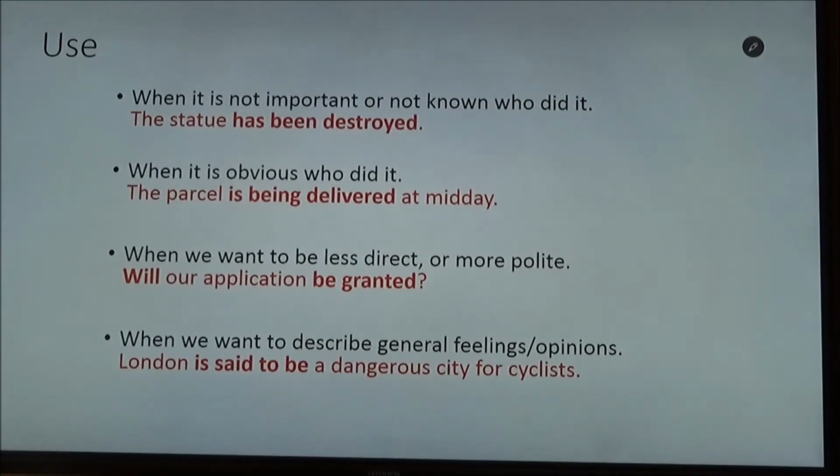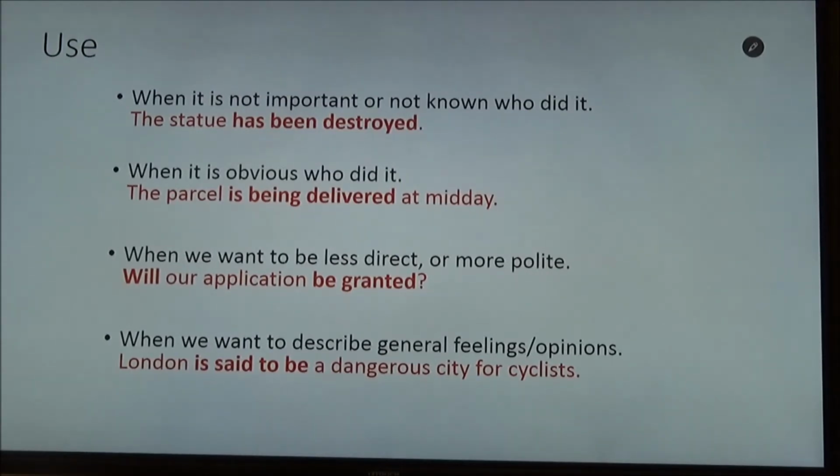Sounds more polite than when you say, will you grant our application, which is an active sentence. So a passive sentence where you leave out the subject sounds more polite, because passive sentences are less direct.